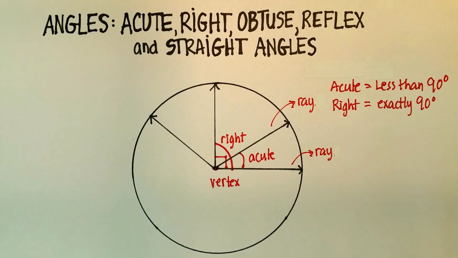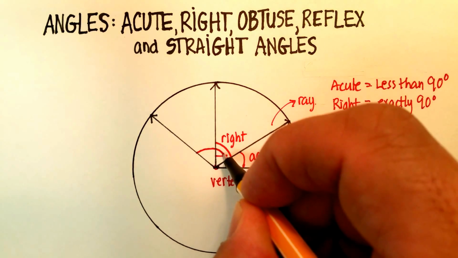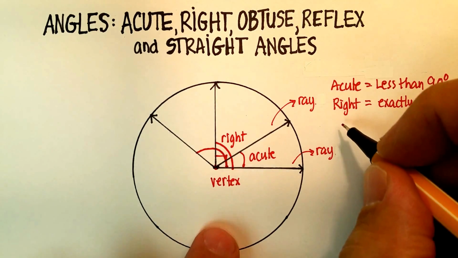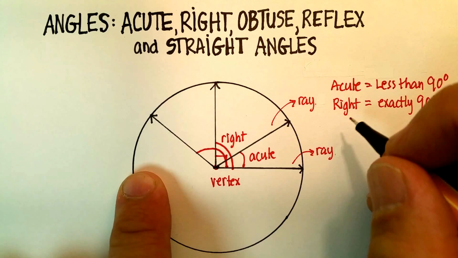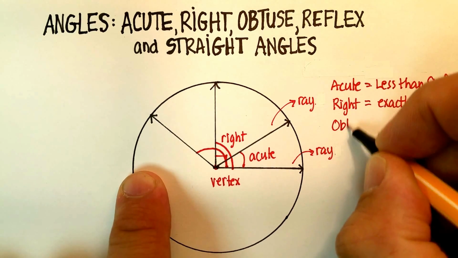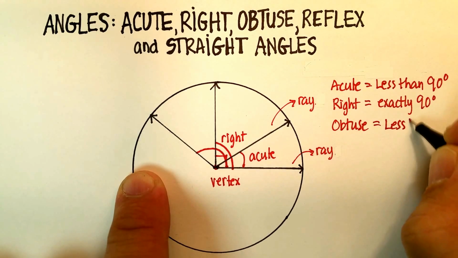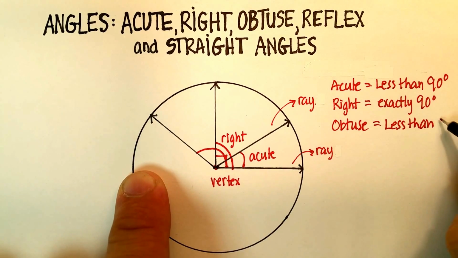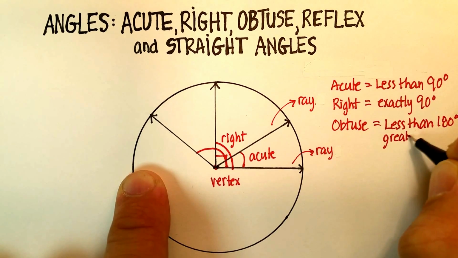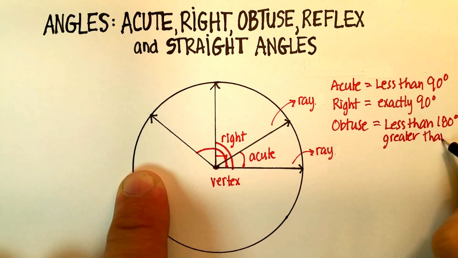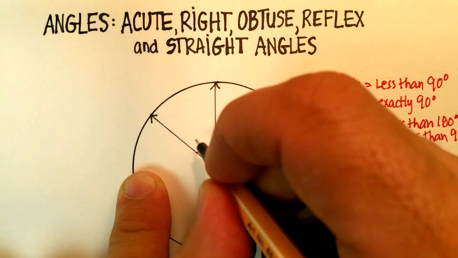An obtuse angle is greater than 90, but less than 180. And that's called an obtuse angle, okay? So let me just put that up there.